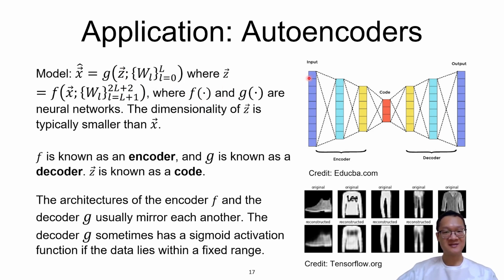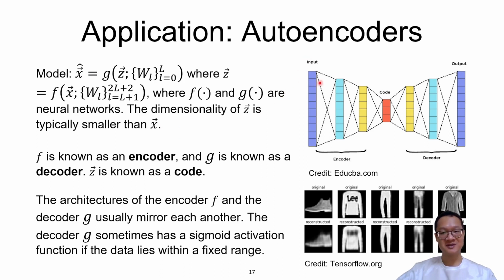The way it works is that the input x gets passed into f, known as the encoder, which encodes the input x into z. z is shown in the middle in this diagram, and z is called the code. The code z then gets passed into the function g, called the decoder, and the output is supposed to be something close to the original input x.